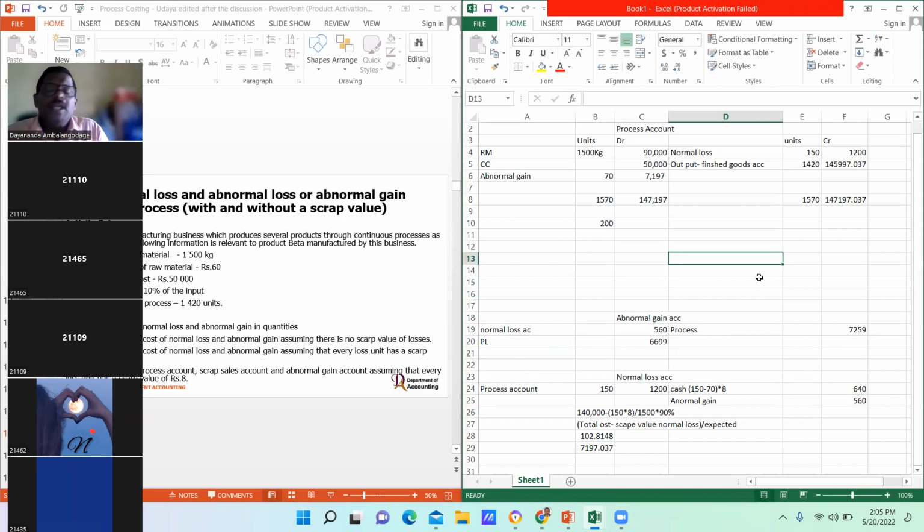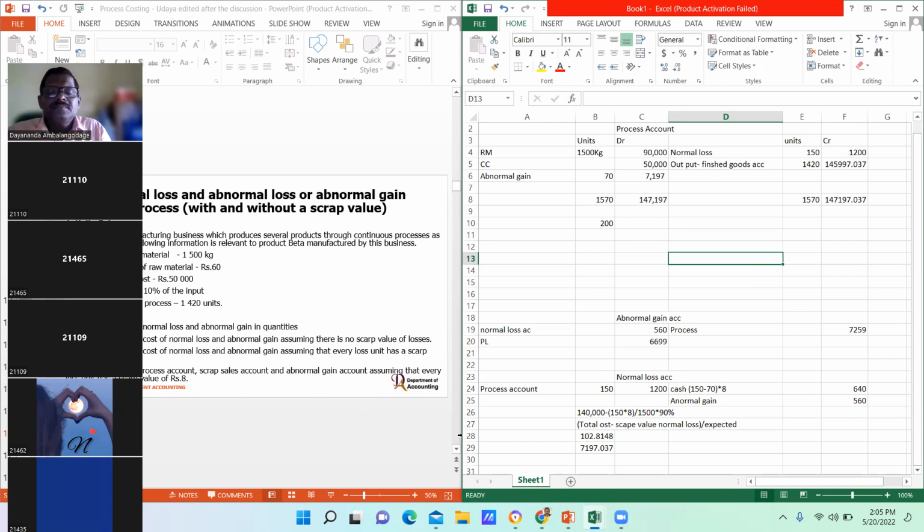So what I want to communicate to you is that when there is an abnormal gain, of course, normal loss is less than what is expected. In this example, 150 normal loss we expected, but actual is not 150, actual is 80, because we got 70 units of abnormal gain.